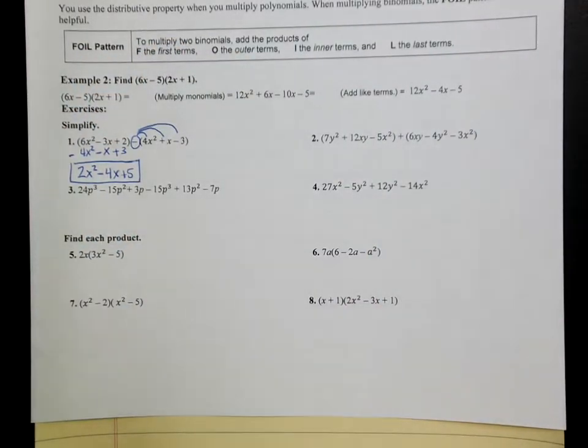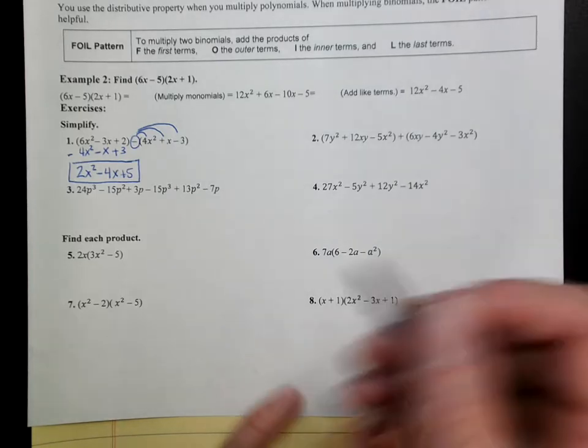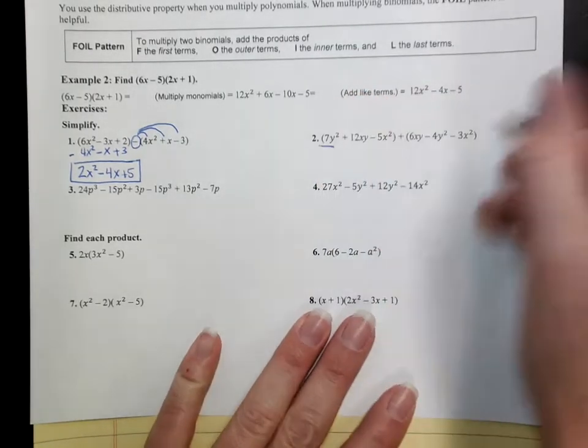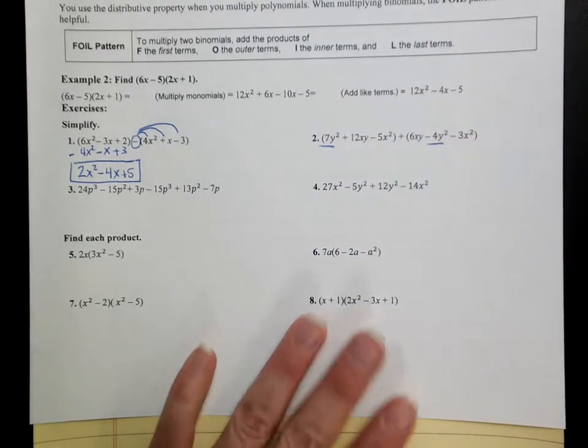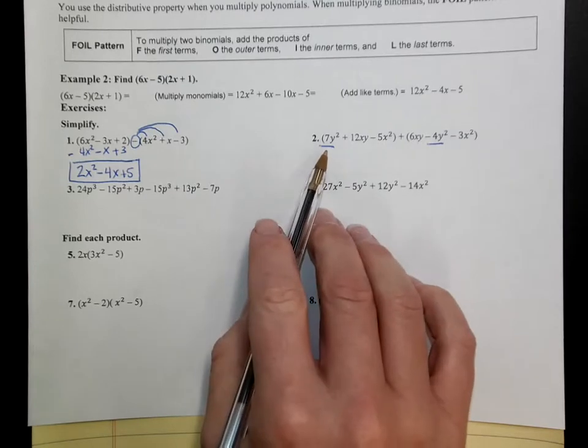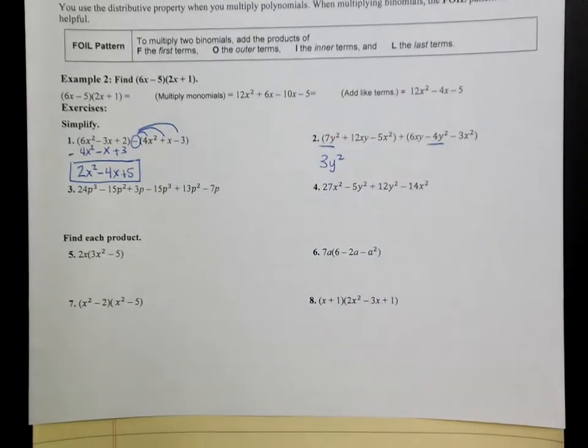So same thing on the next one. Adding is even easier. I'm not going to worry about the parentheses this time. I'm just going to check for like terms. So starting with the y squared term, it doesn't really matter which one you start with, but that's a 7y squared and a negative 4y squared. 7y squared minus 4y squared is 3y squared.